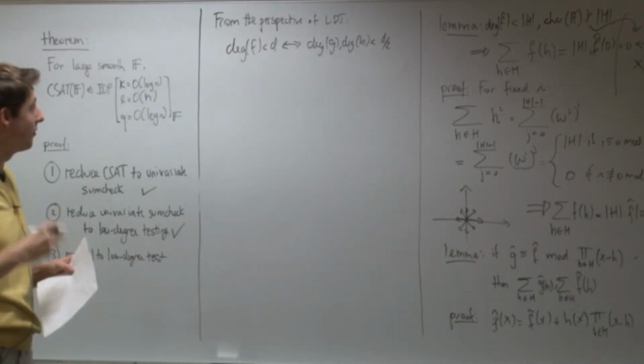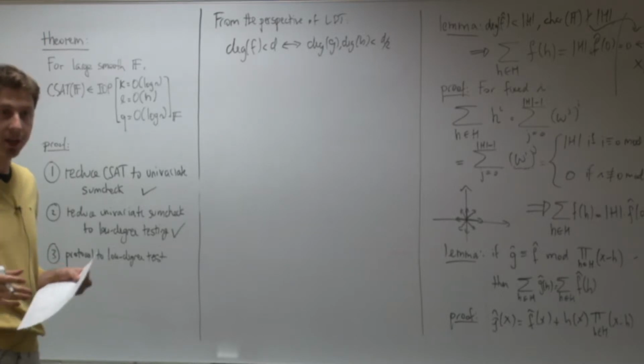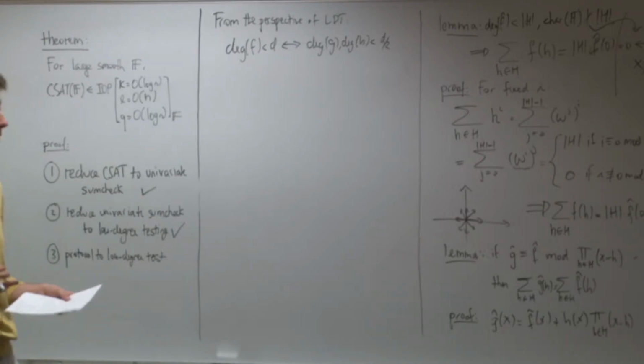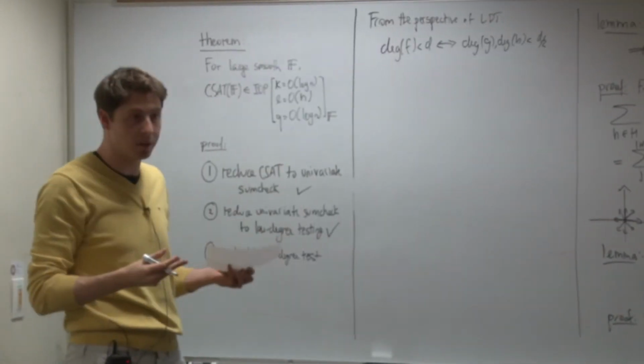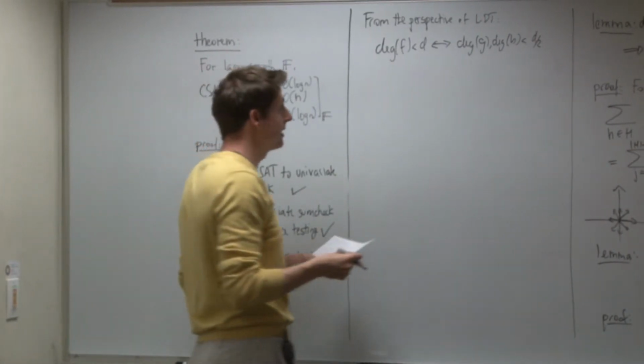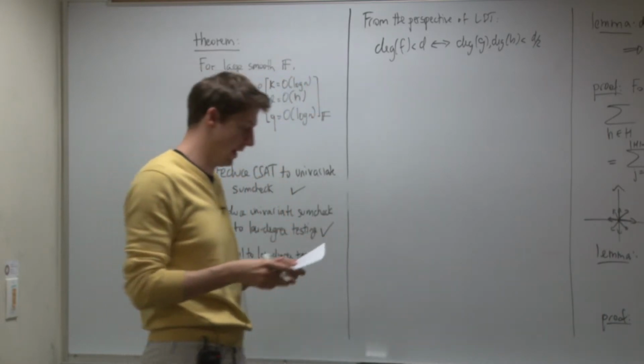So if f has a degree strictly less than d, then we know that g and h, the polynomials induced by the even and odd coefficients, also have degree less than d over 2. And conversely, if I know that they do have small degree, then when I combine them, I get f that has small degree. Somehow, this decomposing of the problem respects degrees in a way that we like.